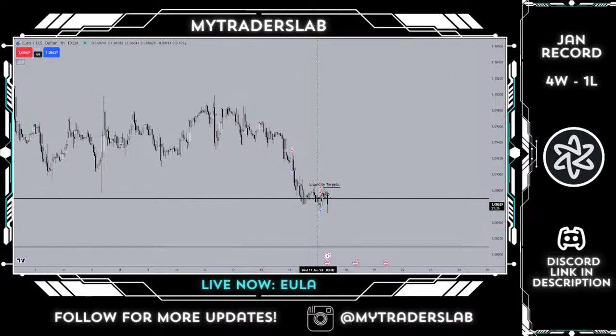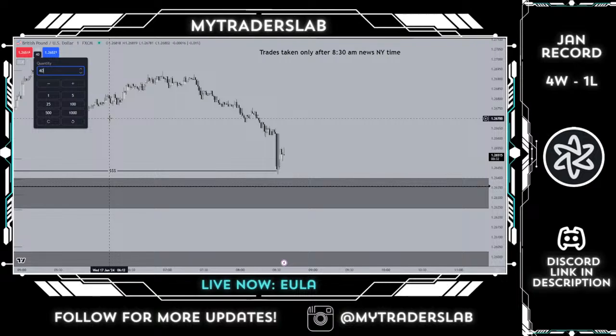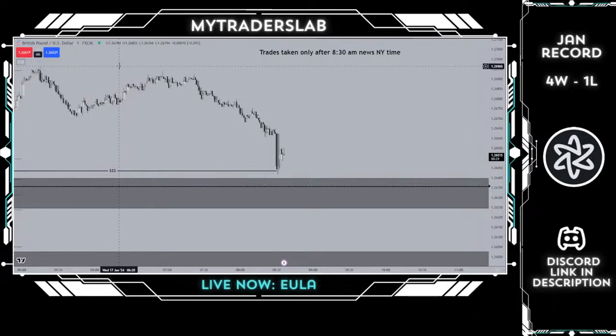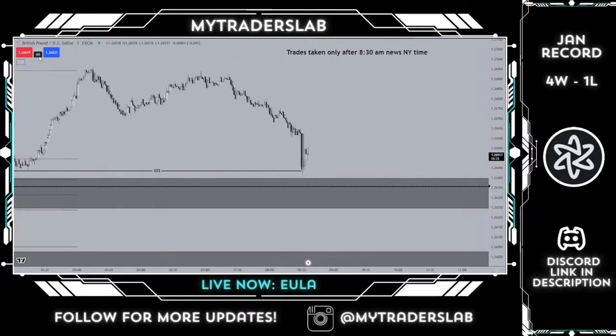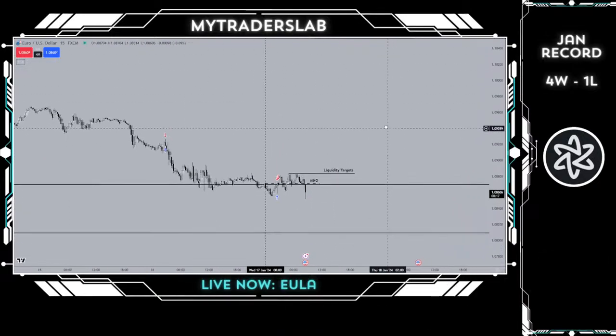Okay, now I can place my orders here. Nice. So these are not lot sizes, guys, so don't be alarmed. These are what you call units. I know MetaTrader is measured via lot size, but in TradingView, when you trade with a broker connected to it, it's using units to calculate.